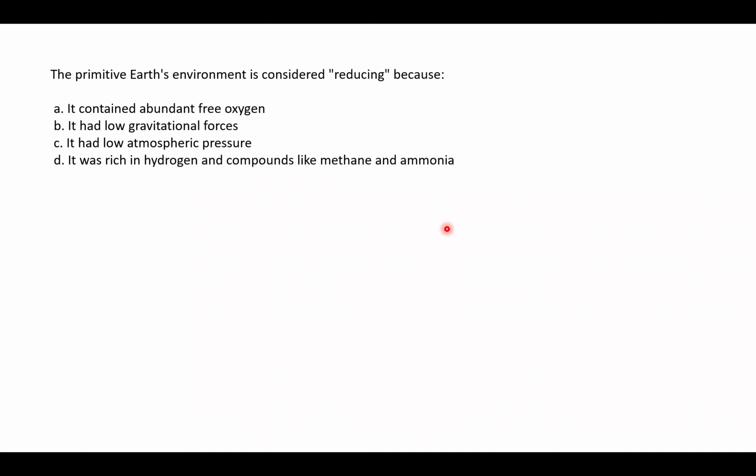Yes, anyone else? Okay, so this is the correct answer. As I said, the atmosphere of the primitive Earth was reducing, so it had lots of methane and ammonia. So the answer is option D.